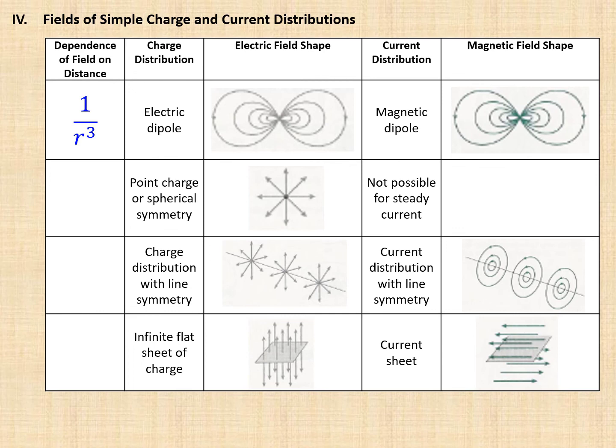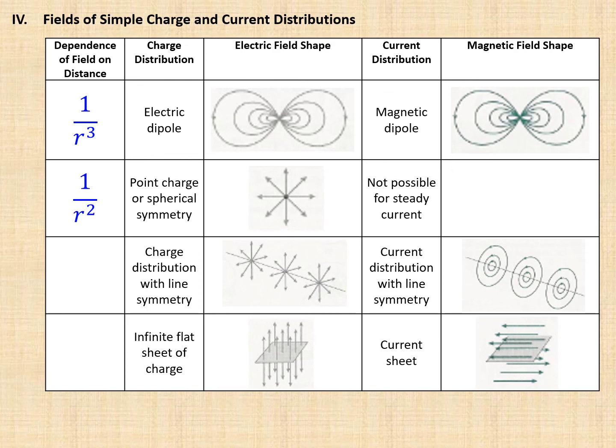Now, in the next row here in the matrix, we see how charge distributions differ from current distributions. In other words, for a point charge or a spherically symmetric charge distribution, the electric field had a 1/r² dependence. There is no such analog for current distributions.